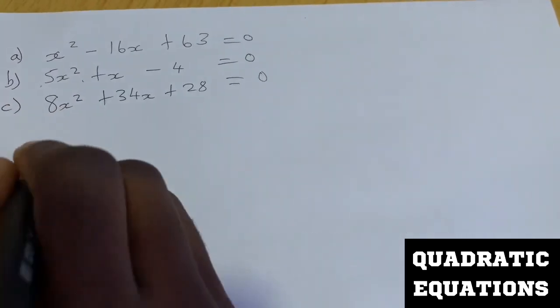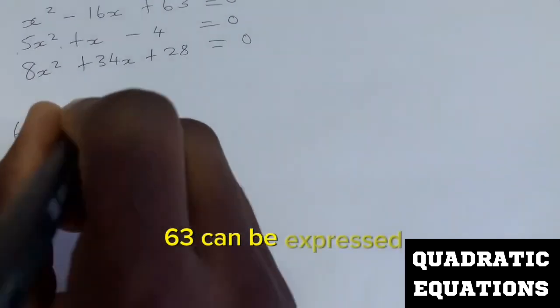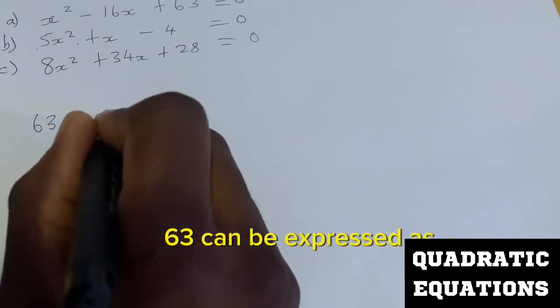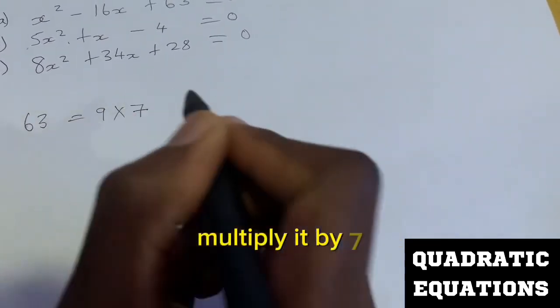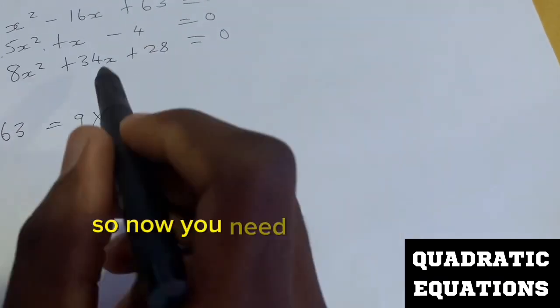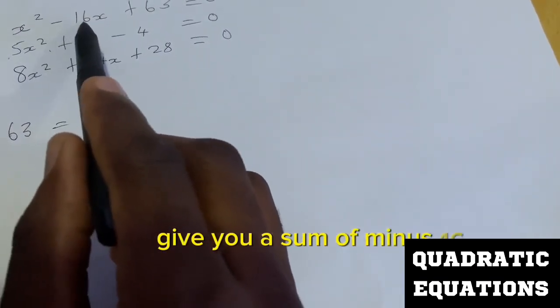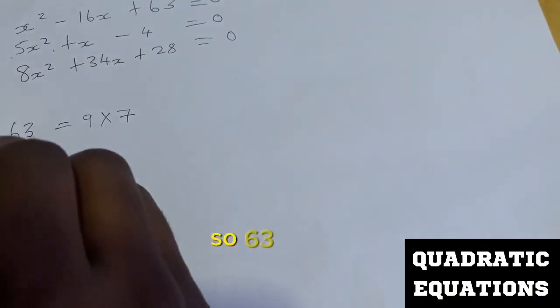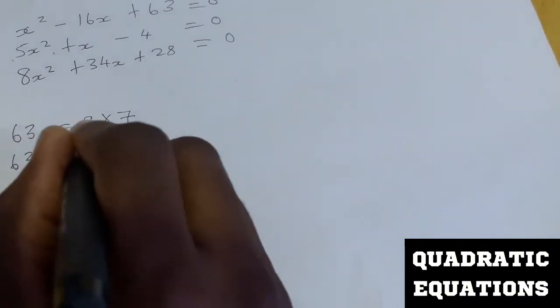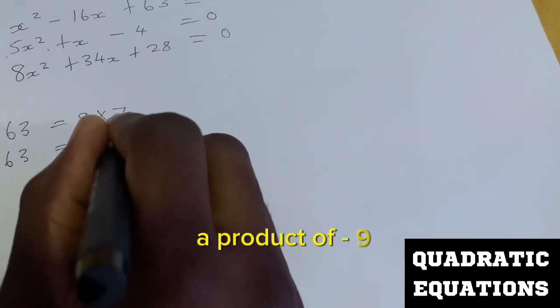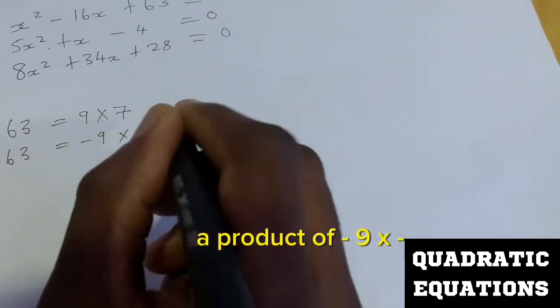For example, 63 can be expressed as 9 multiplied by 7. Okay, so now you need to see which factors of 63 give you a sum of minus 16. So 63 can also be a product of minus 9 multiplied by minus 7.